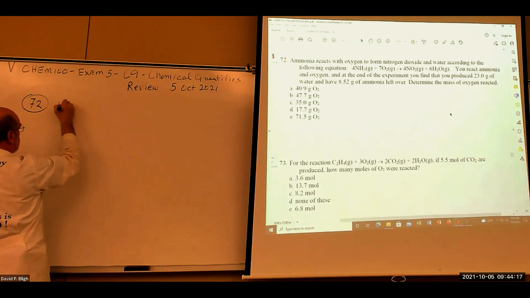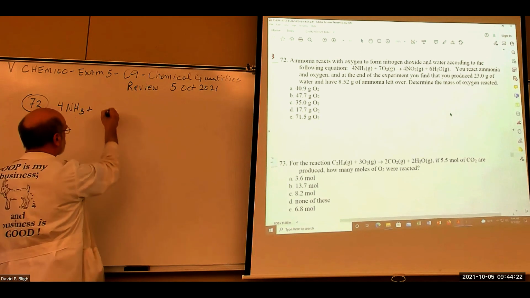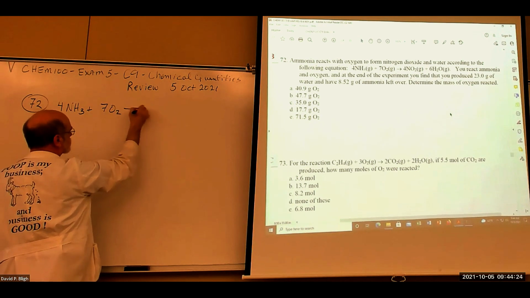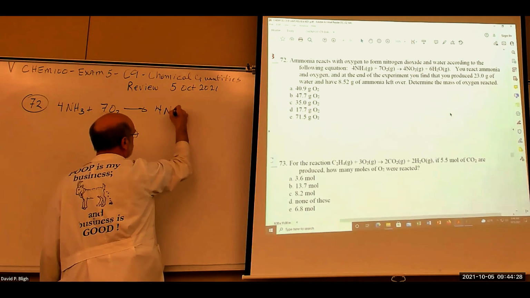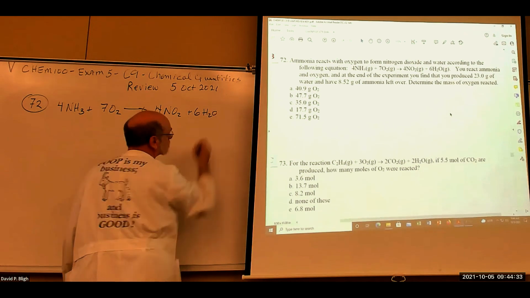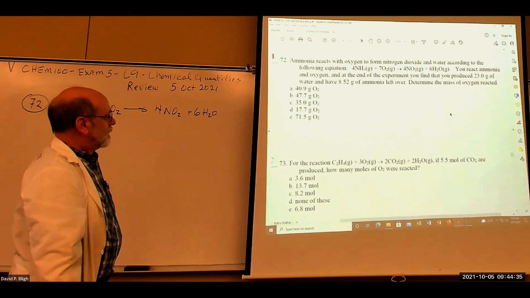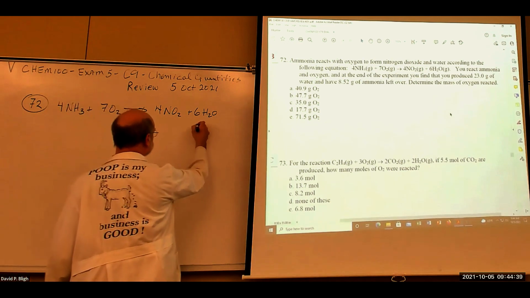So we've got 4 ammonias and 7 oxygens yields 4 nitrogen dioxide and 6 waters. 23 grams of water are produced.